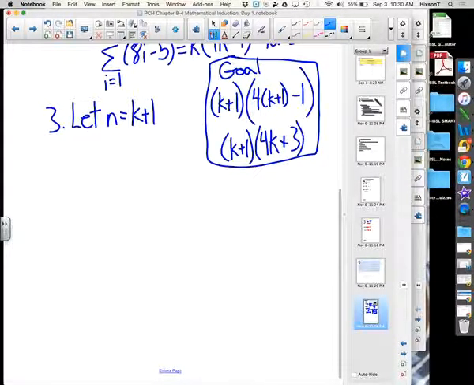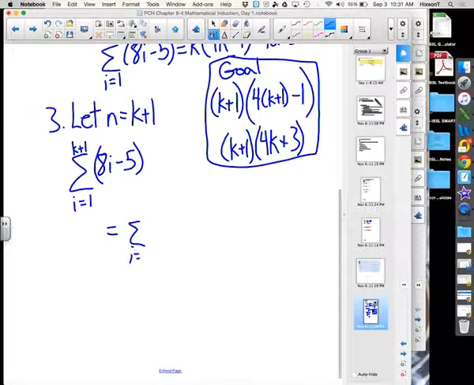We're going to get there by taking our sum from i equals 1 to k plus 1 of 8i minus 5, and we're going to expand it so that it is the sum of just the first k terms, the sum from i equals 1 to k of 8i minus 5, plus that last term.